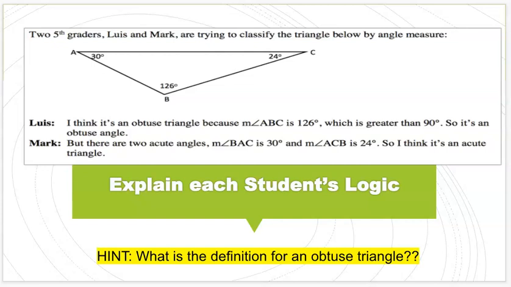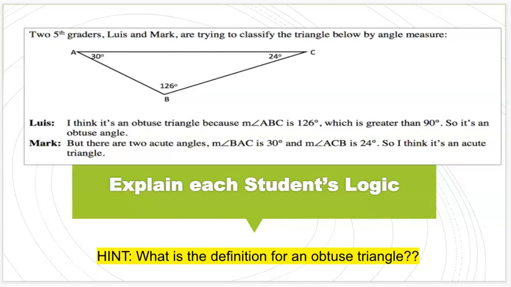So you can kind of investigate each student's logic. But the important part is, what's the definition of an obtuse triangle? The definition of an obtuse triangle is a triangle with one angle greater than 90 degrees. So Louise is correct. Since we have this 126 degree angle, it is larger than 90 degrees. Therefore, this is an obtuse triangle.